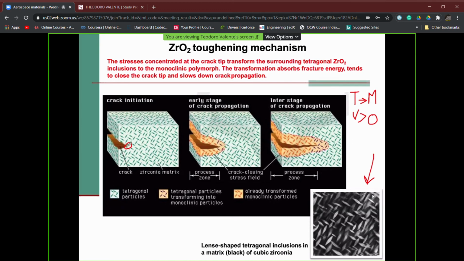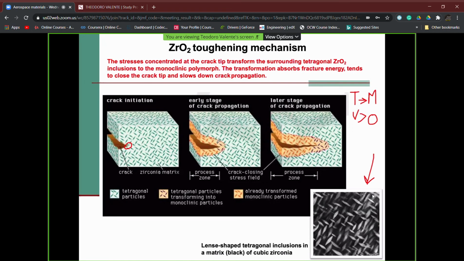So the stress which is intensified at the crack tip is able to activate the transformation of the metastable tetragonal zirconia to monoclinic zirconia. This is a transformation which still happens with an increase in volume.